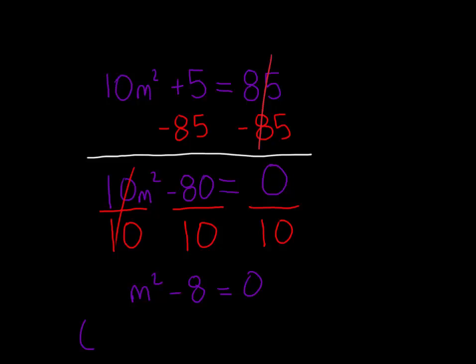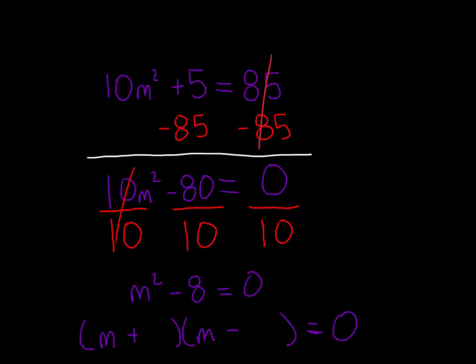Now at this point we could go ahead and factor and say m plus something times m minus something, because this is a difference of two squares, equals 0. But what numbers add together to equal 0 but multiply together to equal negative 8?